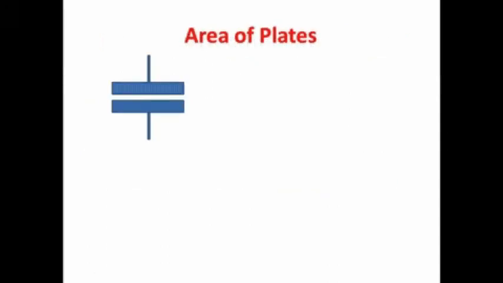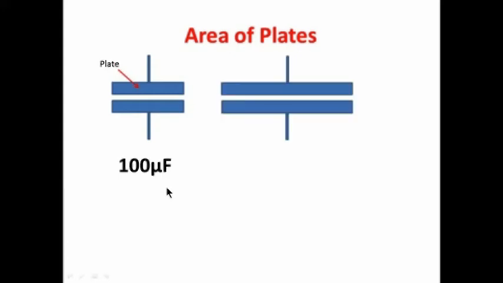The area of the plates, here's our capacitor, here's our plate. In this case we're just showing the length, which is relative to the area, and this capacitor would have a value of 100 microfarads, for instance. Now if we increase the plate area, so I've doubled the length here, so I've doubled the area, we'll get 200 microfarads, so we'll double the capacitance.